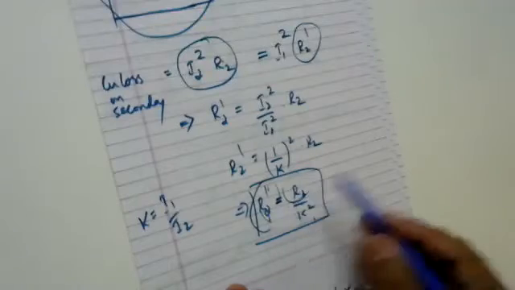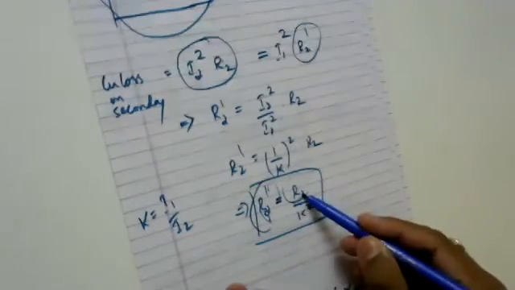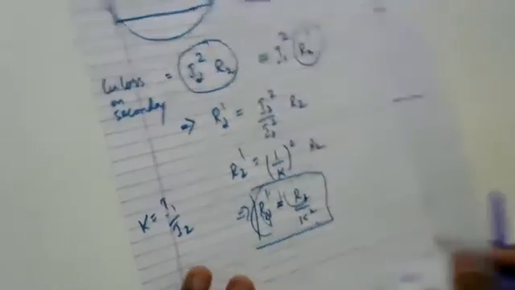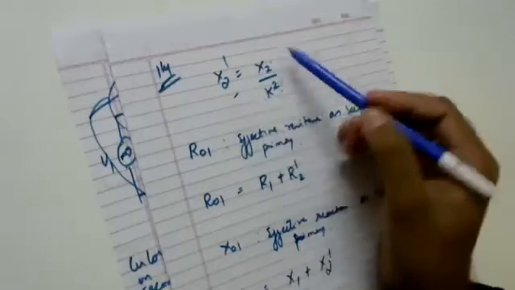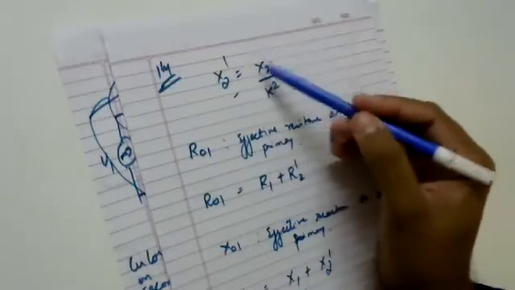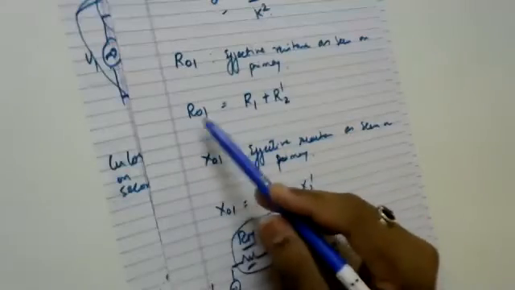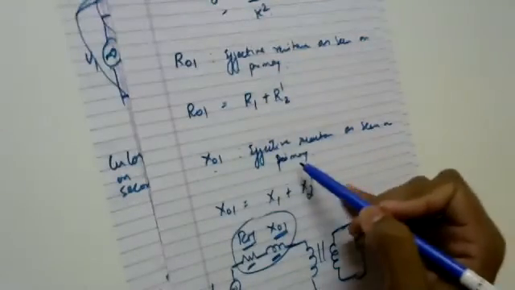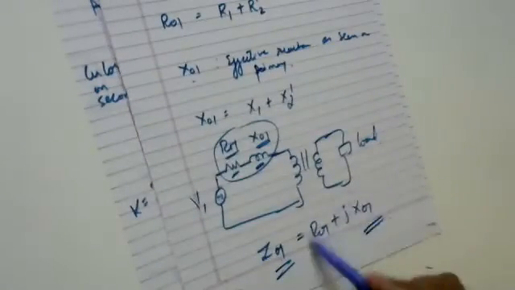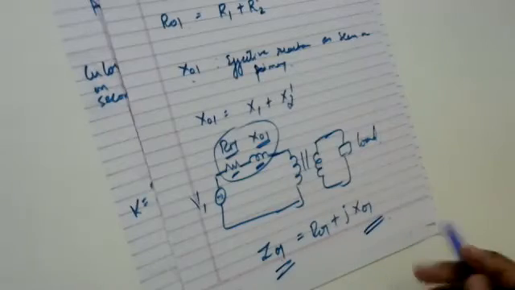Then I am able to compute the equation for R2 dash as R2 divided by K square. Similarly, X2 dash is defined as X2 divided by K square. Since I am able to compute R2 dash and X2 dash, I am able to compute R01, the effective resistance as seen on primary, and X01, the effective reactance as seen on the primary side. Then the total impedance seen on my complete network.